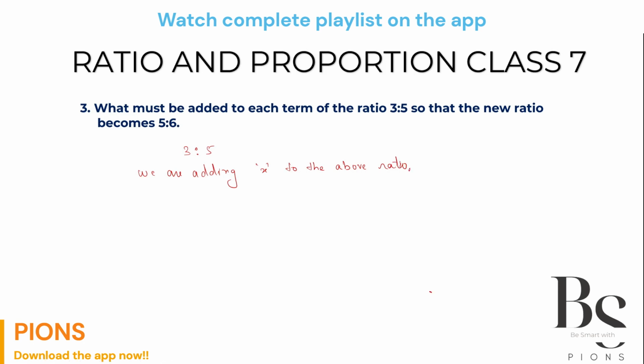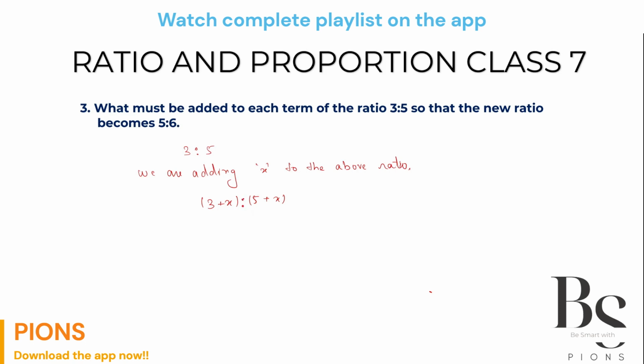If we add x to the above ratio, the given ratio will take the form (3 plus x) is to (5 plus x). Clear? We are adding x to each term.